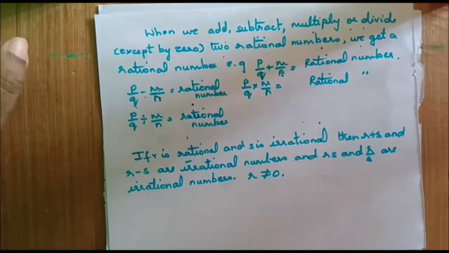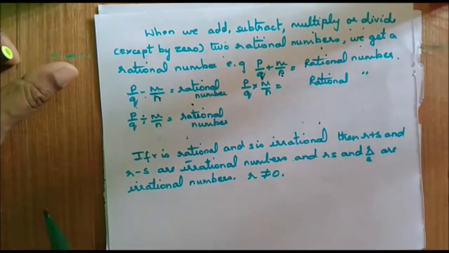Now if you go for the expansion of root 2, after the decimal point you will have continuous random numbers generated. You will not find a particular pattern in that. So irrational numbers are non-terminating and non-recurring.